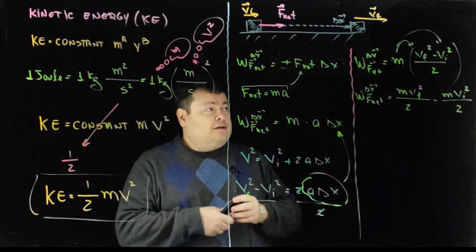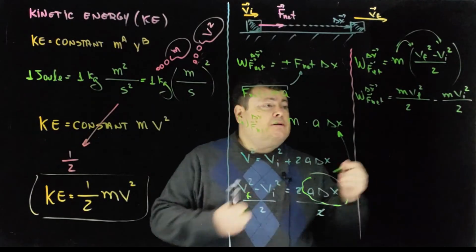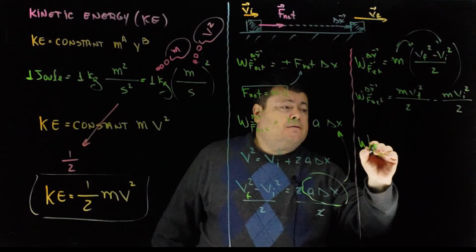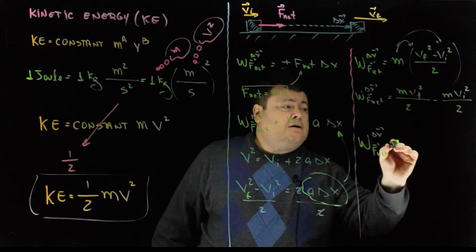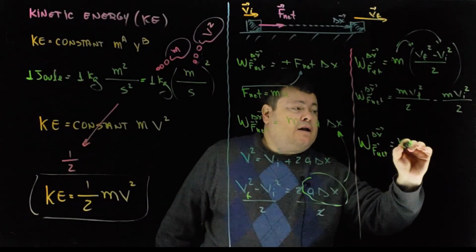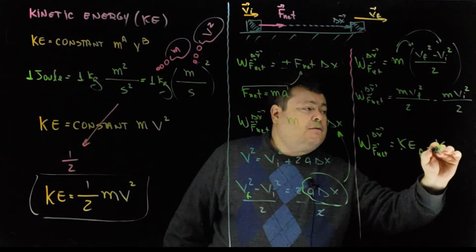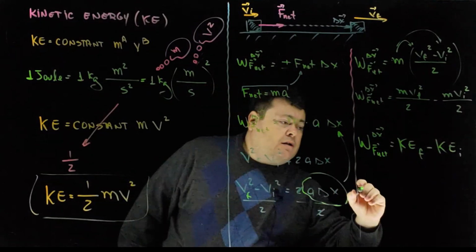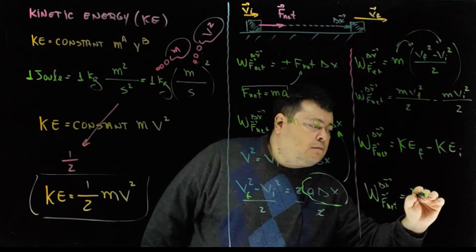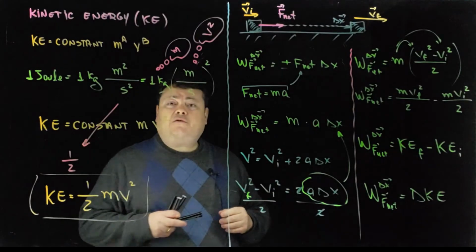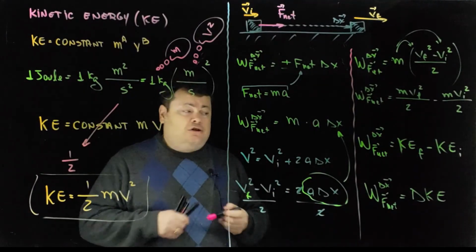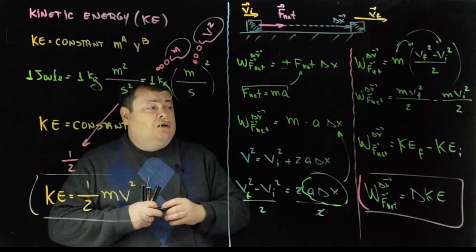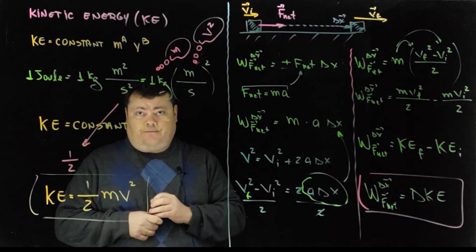Coming back to this side, the work done by the net force through my displacement equals kinetic energy final minus kinetic energy initial, which we can write more concisely to say that the work done by the net force equals the change in kinetic energy of my object. This is known as the work-energy theorem.